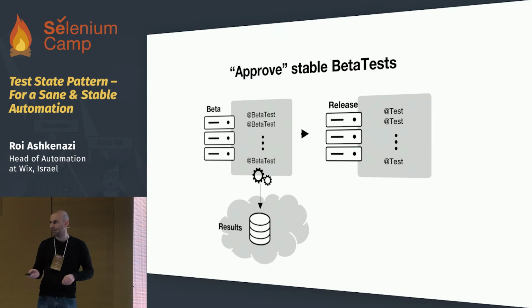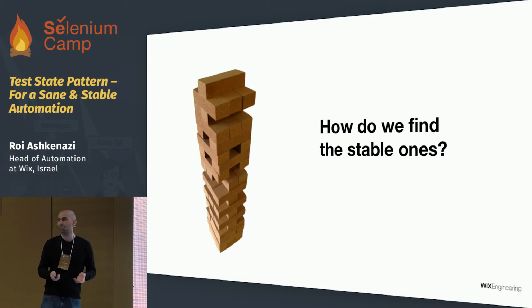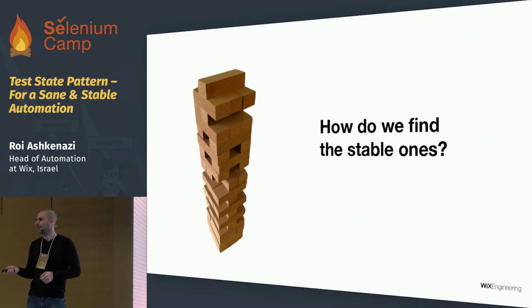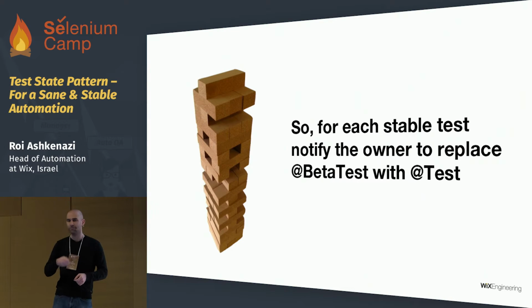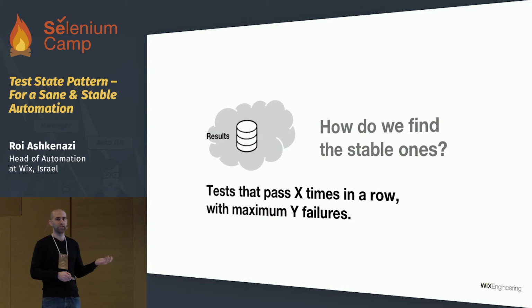And what we decided to do is to find, of course, the stable ones. But how do we do that? We need to somehow search for them. This is not easy. Actually, to find them is very easy. We already have a database with all the results.